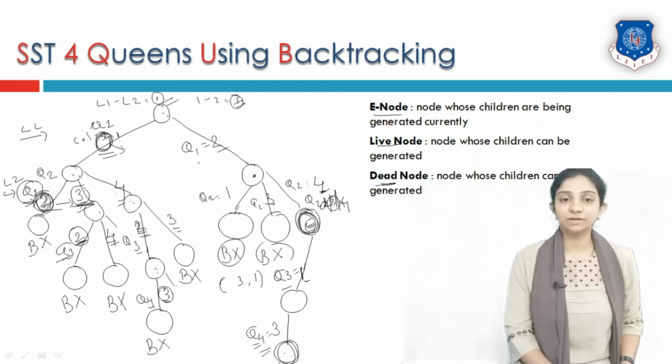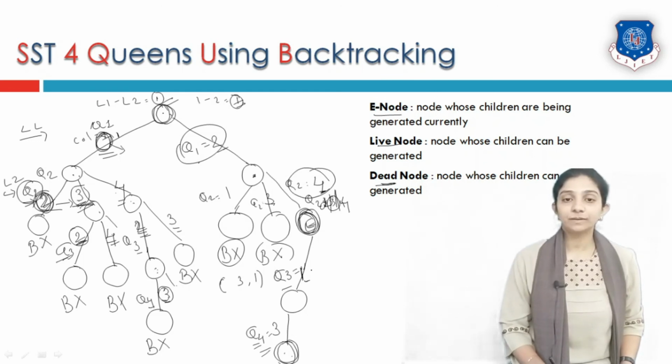So the solution or answer state is generated by traversing a path from root to leaf. We have placed queen 1 in column 2, queen 2 in column number 4, queen 3 in column number 1 and queen 4 in column number 3.